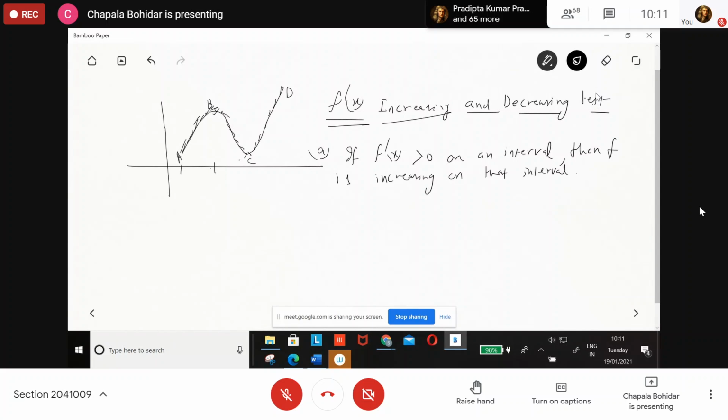B: if f dash x is less than 0 on an interval, you see it is less than 0 from here to here to here, then f is decreasing on that interval.